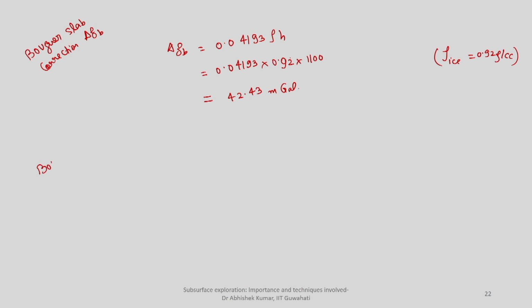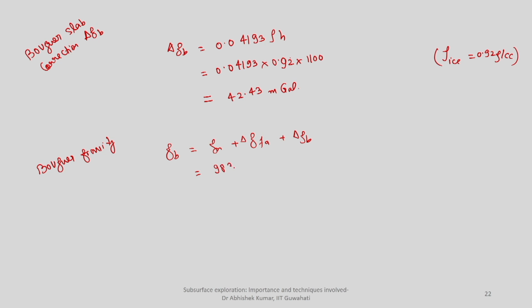So, how much will be the Bouguer gravity, that is GB value, will be Gn plus delta GFA plus delta GB, and so on. If you have tidal correction, terrain correction, you keep on adding those things, finally you will get your corrected gravity anomaly.